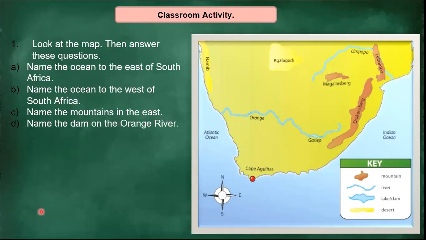Name the dam on the Orange River. What is the dam on the Orange River? There is a dam down there. You can see it. Okay, so I want you to name it. We have Zoe.